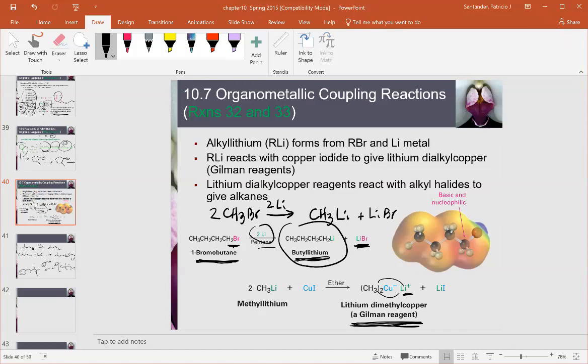Here, I give you another example on top. Here, I am using methyl bromide reacting with lithium.